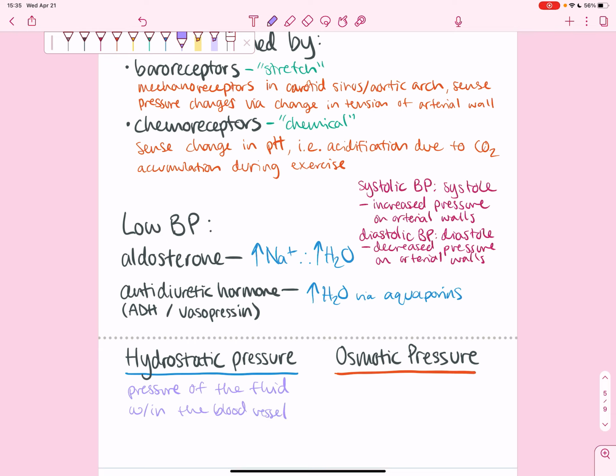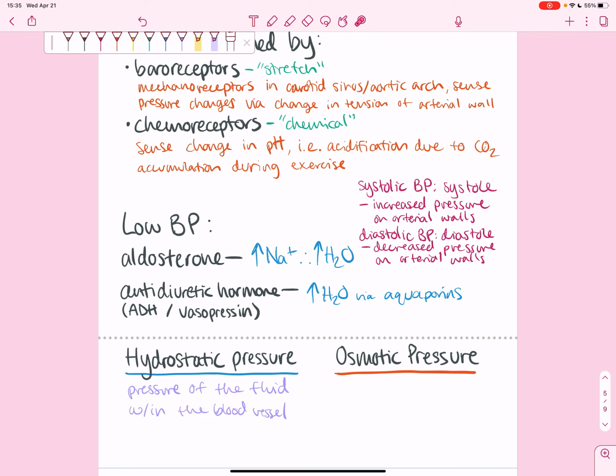Okay. Then osmotic pressure is the sucking pressure that draws water towards solutes. Hydrostatic pressure you can think of as pushing, while osmotic pressure is like pulling.